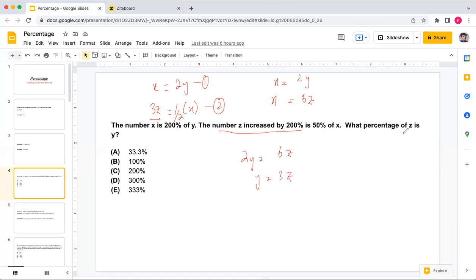Now see, the question is saying what percent of Z is Y? So in the denominator we will have Z, so Y over Z is equal to 3. Now we are finding the percentage, right? So just multiply and divide by 100. This will be 300%, not 200 or 333.